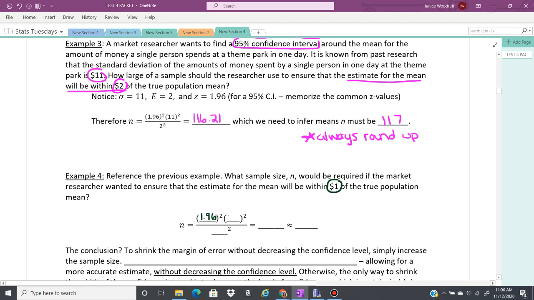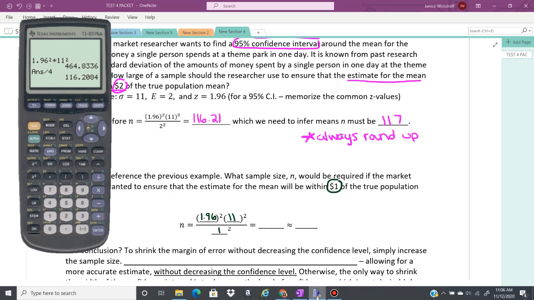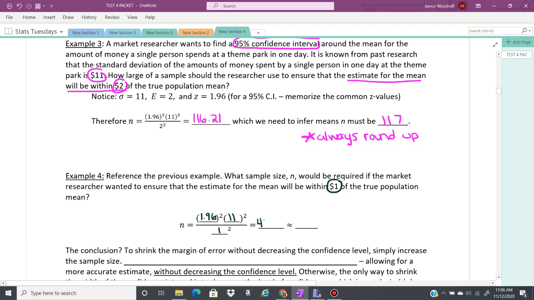So 1.96 squared times 11 squared, and your margin of error is now 1 squared. So 1.96 squared times 11 squared divided by 1 squared is 464.83, which would round up to 465.